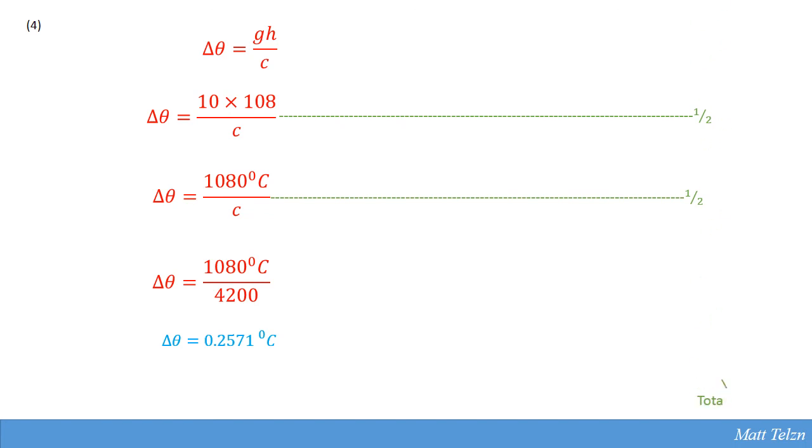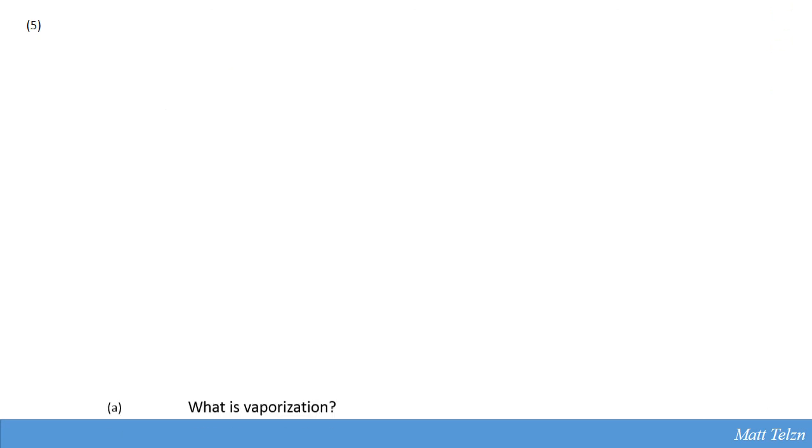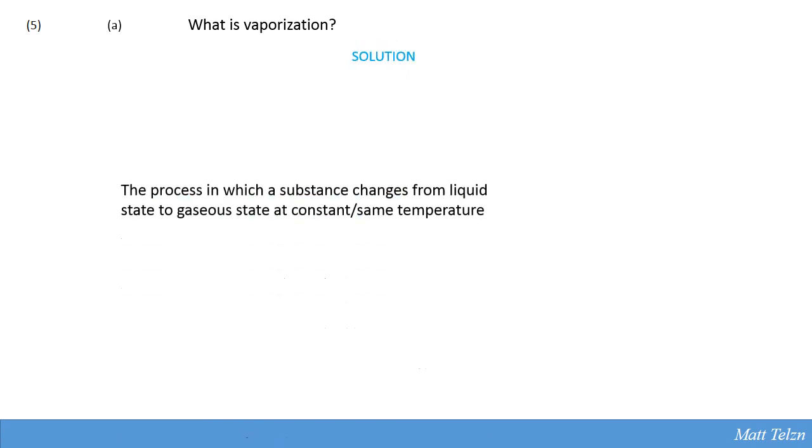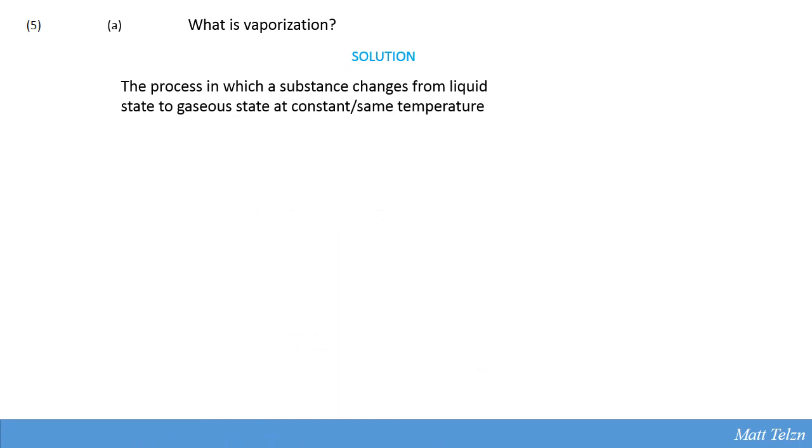Total mark allocated to this is also 3 marks. Okay, question 5. What is vaporization? Vaporization is the process in which a substance changes from liquid state to gaseous state at constant or same temperature.